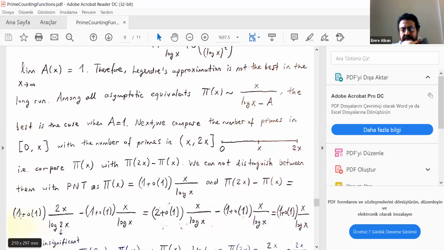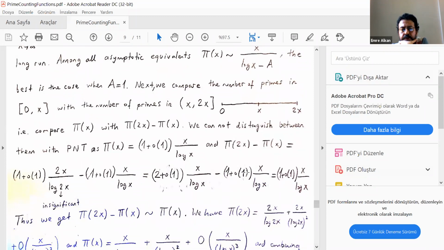So this 2 is multiplied here, so we can safely say that the first term is (2 + o(1)) times x over log x, and you just subtract (1 + o(1)) x over log x. But then you can do this subtraction here. You definitely get (1 + o(1)) x over log x.